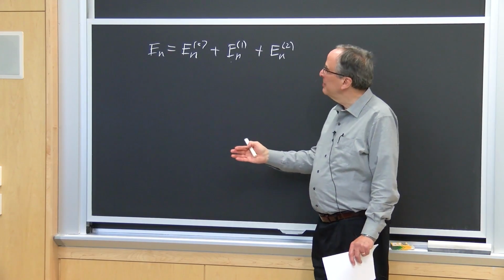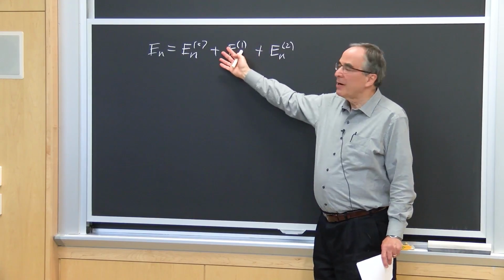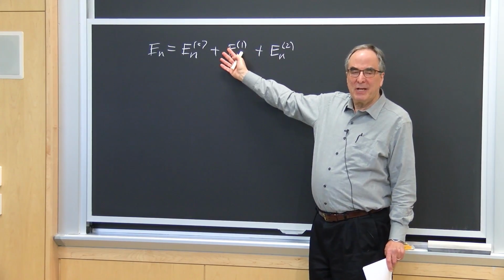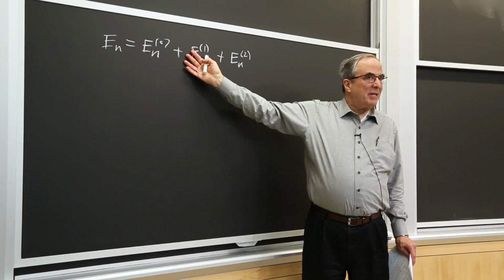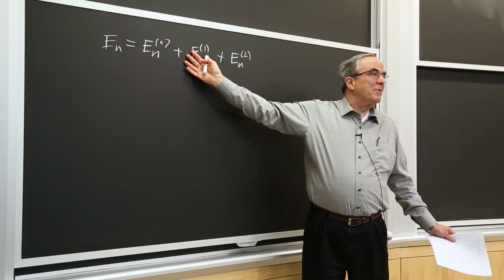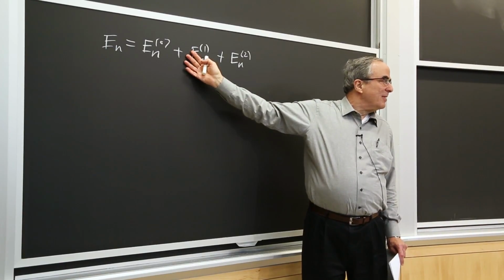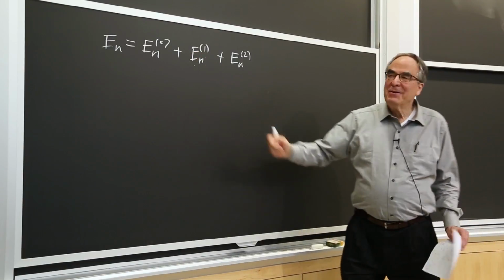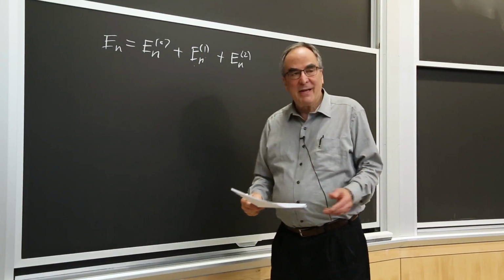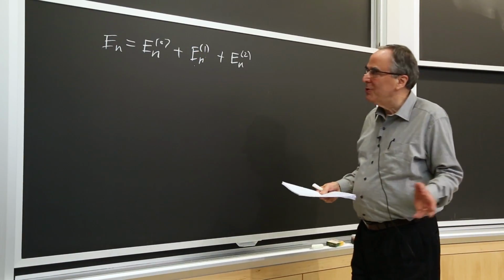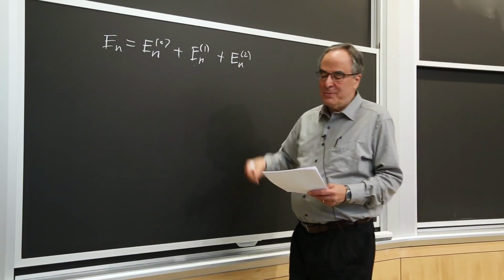Most of the textbooks say, well, let's just stop here at the first order correction to the energy levels. And you get nothing from that except the Zeeman effect, which is kind of important for NMR. But in terms of what molecules do, you need this too.